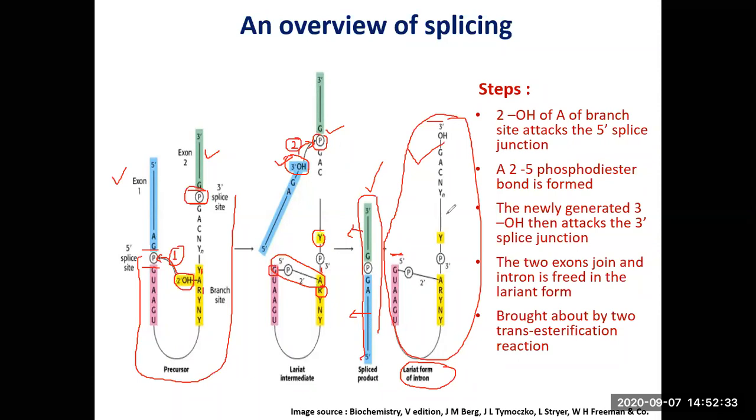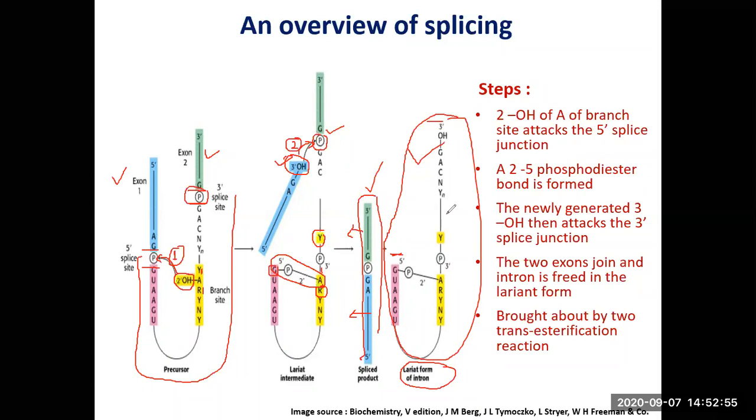I am repeating once again, irrespective of the size, as long as you have these consensus sequences intact, the 5' splice junction consensus sequence, the 3' splice junction consensus sequence, and the branch site, whatever may be the size, the intron will be very precisely removed from between the two exons.